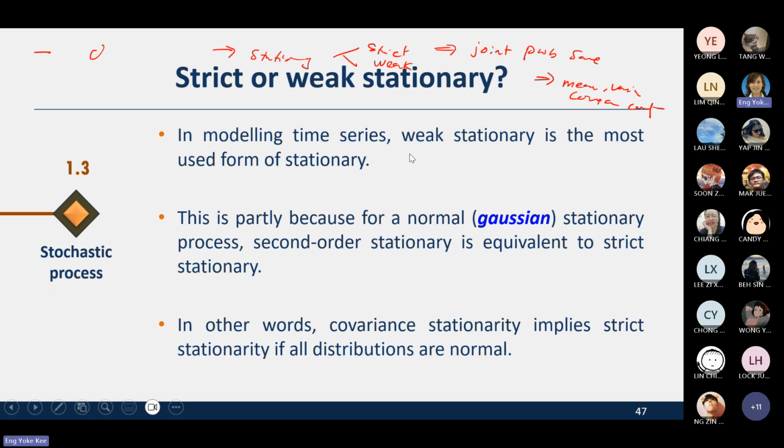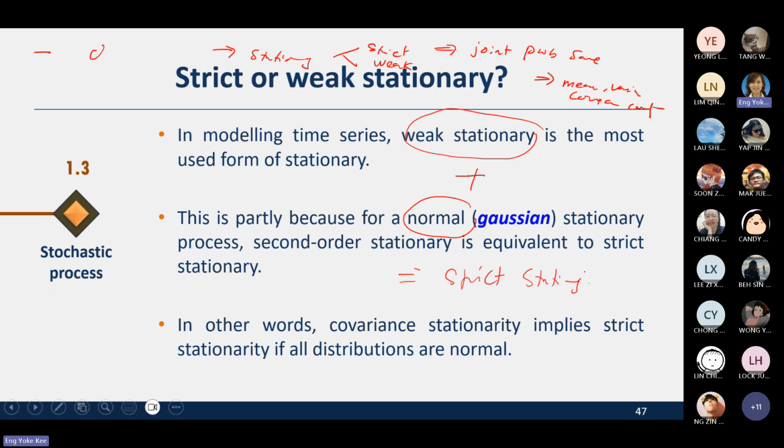If you see that your data is weak stationary, and you further look at the behaviors of your time series data and check whether they are normally distributed or not, a weak stationary data plus a normally distributed data, these two together are equivalent to strict stationary.